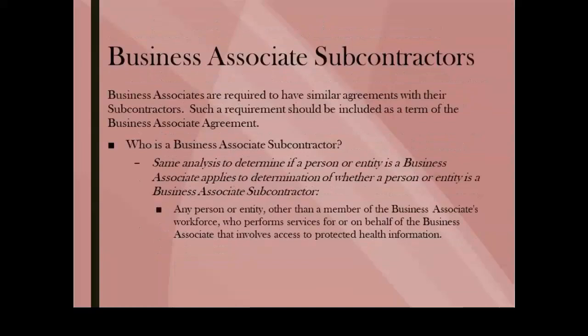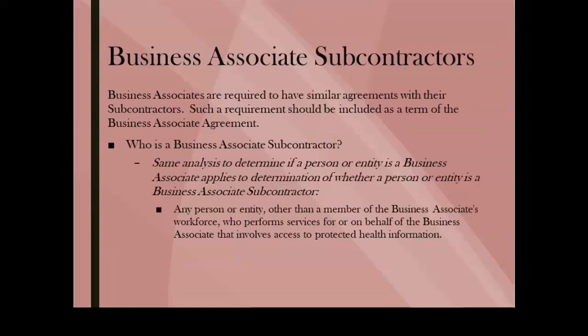All right, again, who is a business associate subcontractor? We've definitely mentioned this several times already in the last hour, but just for purposes of extreme clarity, the same analysis to determine if a person's a business associate applies to determine if they're a business associate subcontractor.